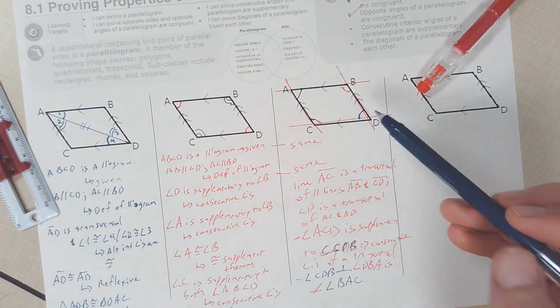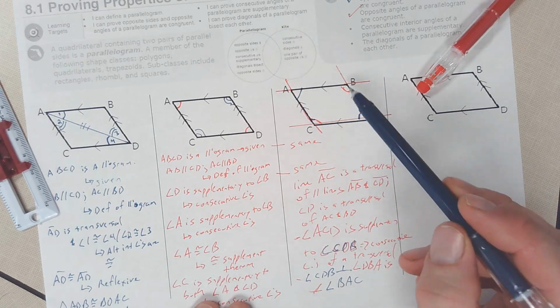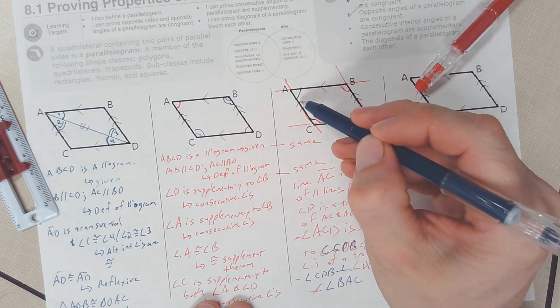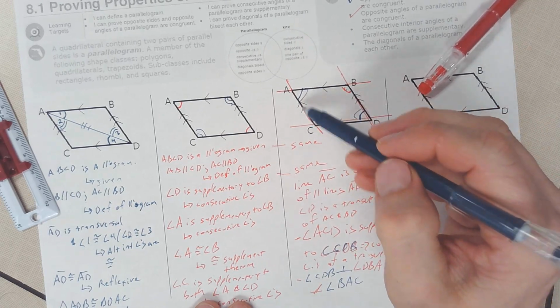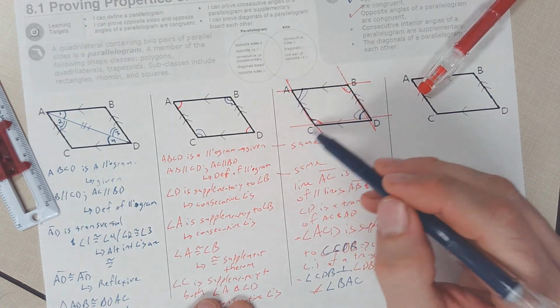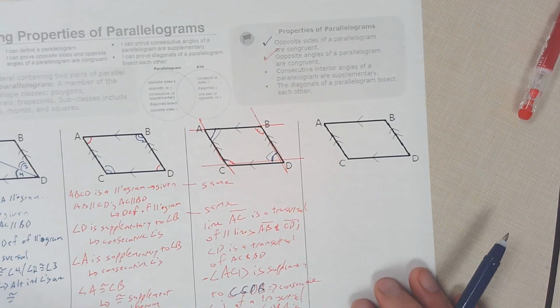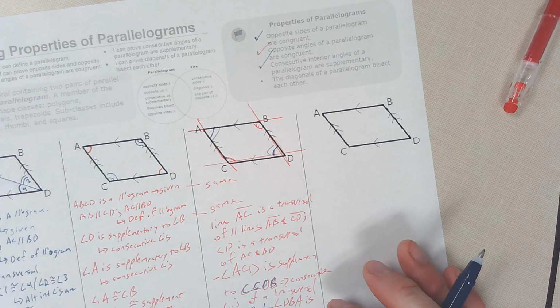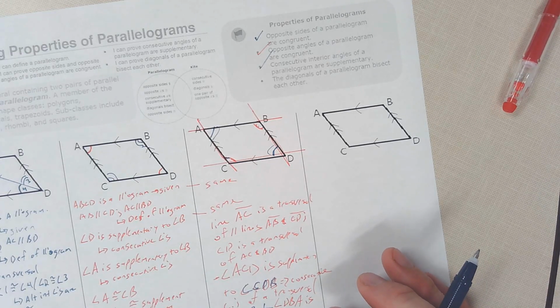Because these are all interior angles, they're all supplementary to each other. This is supplementary to this one. This one's supplementary to this one, because they're all transversals. Okay. All right, the last one, the diagonals of a parallelogram must bisect each other.